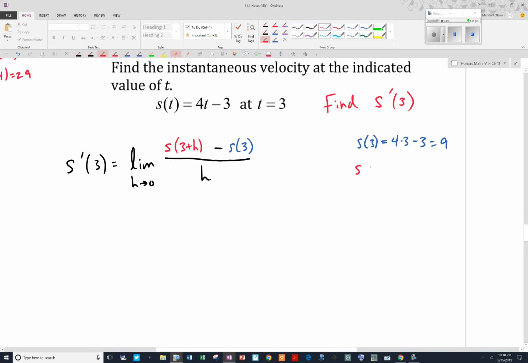And s of 3 plus h, I'm just going to flip that h plus 3 around. It's going to be 4 times h plus 3 minus 3. And that's going to give us 4h plus 12 minus 3, which is 4h plus 9.